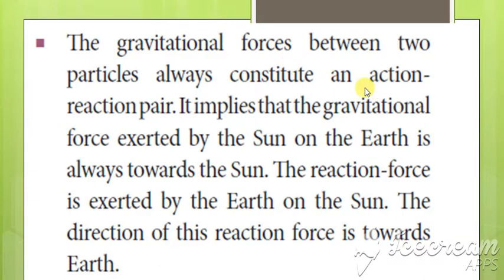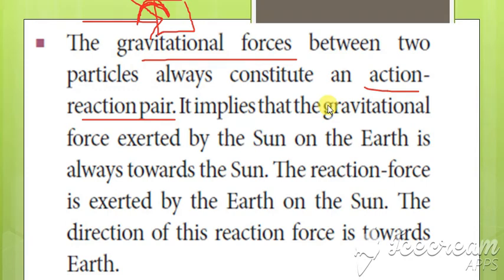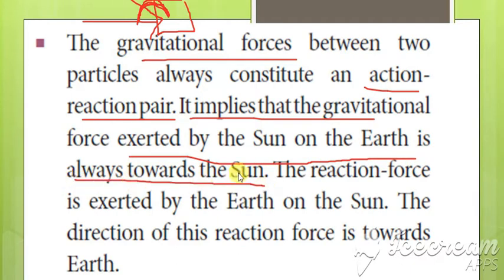Then the second point is the gravitational force between two particles constitutes an action and reaction pair. What is meant by this action and reaction pair is, if one is exerting an action, the other will exert some reaction on it, so that in between there is some force. So gravitational force is always an action and reaction pair. It implies that the gravitational force exerted by the sun on the earth is always what? Towards the sun.